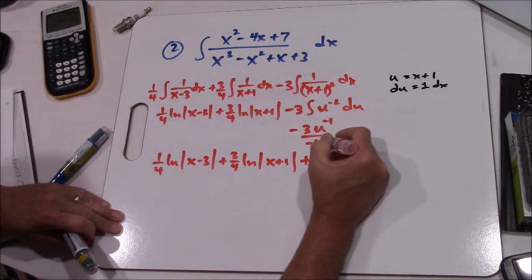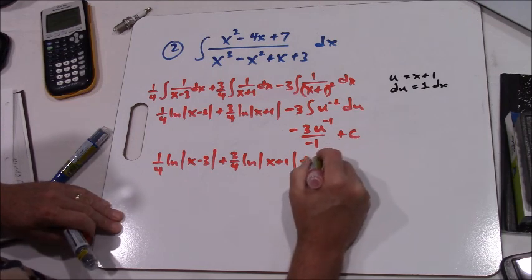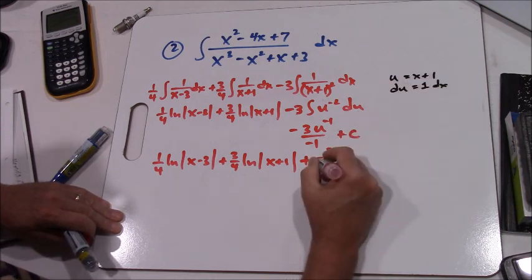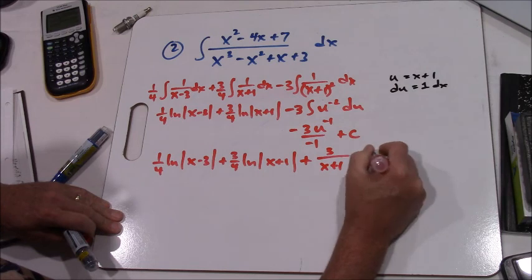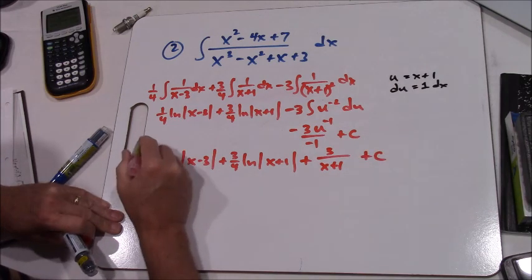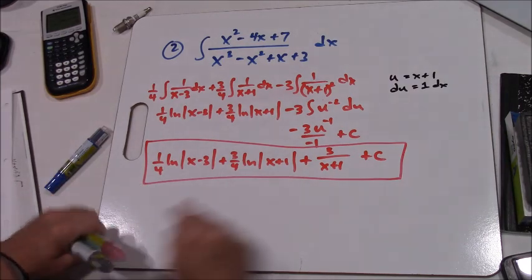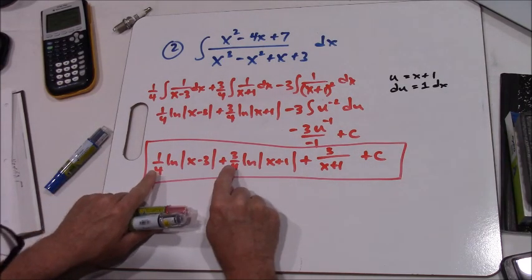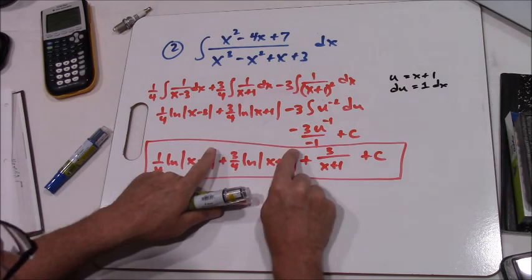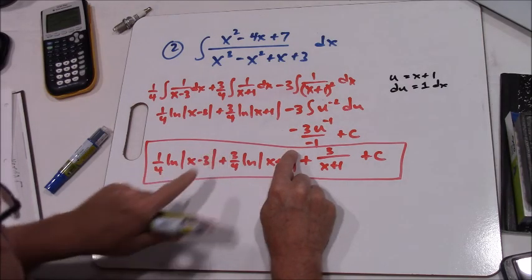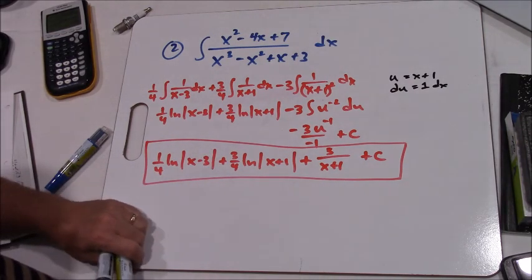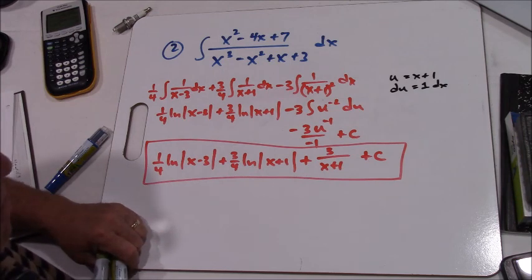That u needs to drop down below the fraction bar, so it's going to be 3 over x plus 1 plus c. And I'm not going to combine these two just because if I move the 1/4 and the 3/4 up so that I have fractional exponents, it just gets a little messy. So I'll just stop right here and leave it like this.